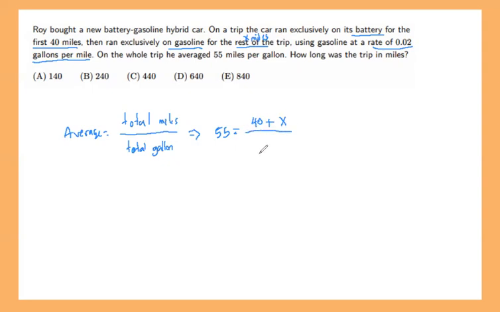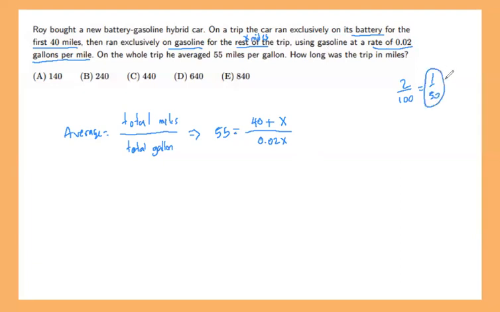And now it's a bit trickier. We need to know the total amount of gas that was used. The first part used the battery, which means there's no gas used. But for the second part, we use 0.02 gallons per mile. If you use just 1 mile, you get this much gas, but if you use X miles, you get 0.02 X gallons, which is interesting because this is 2 over 100, which is 1 over 50.